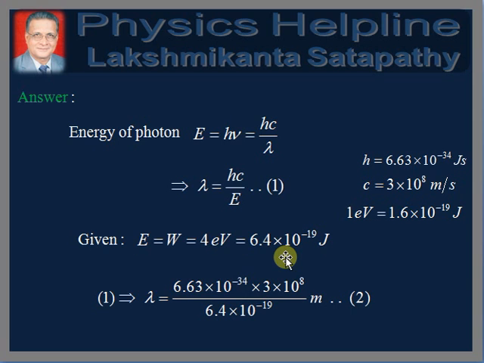Now we'll put all these values in equation 1, which gives lambda is equal to, the value of h is 6.63 into 10 to the power minus 34 multiplied by c is equal to 3 into 10 to the power 8 divided by E is equal to 6.4 into 10 to the power minus 19.